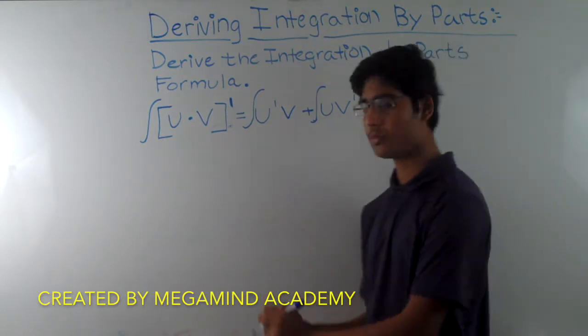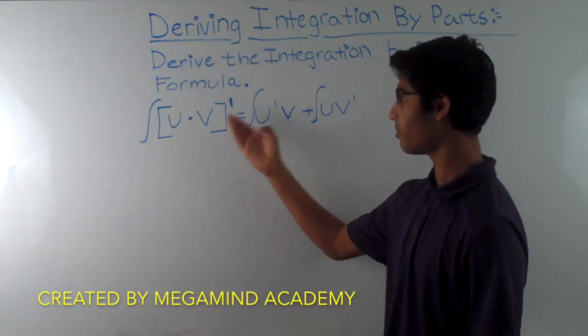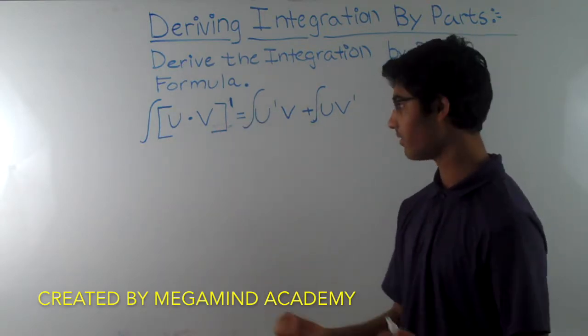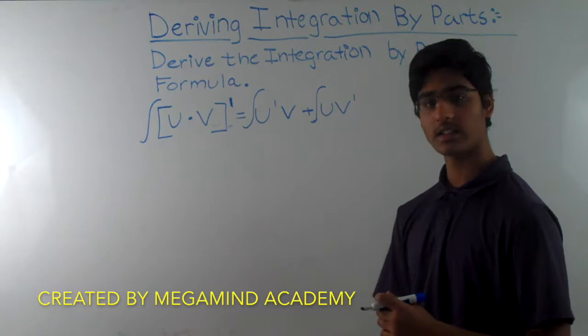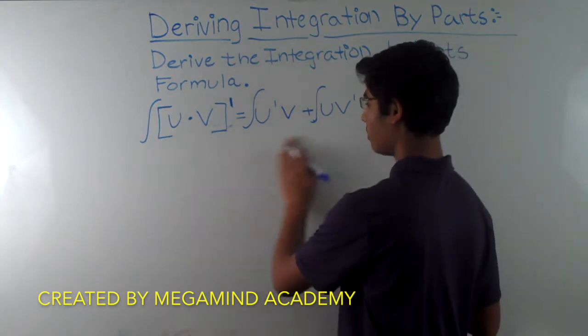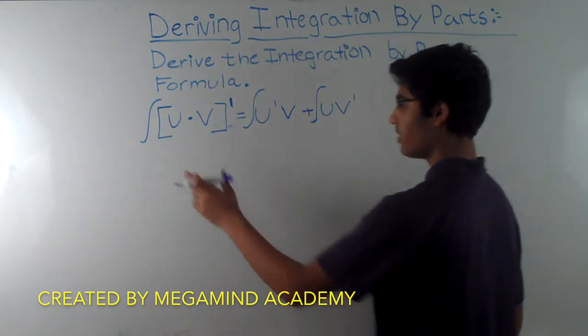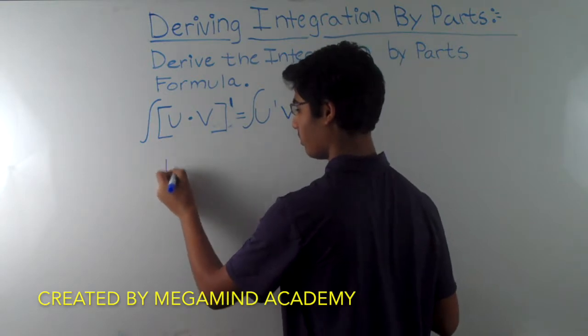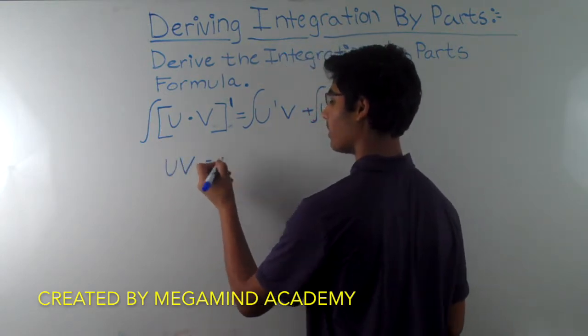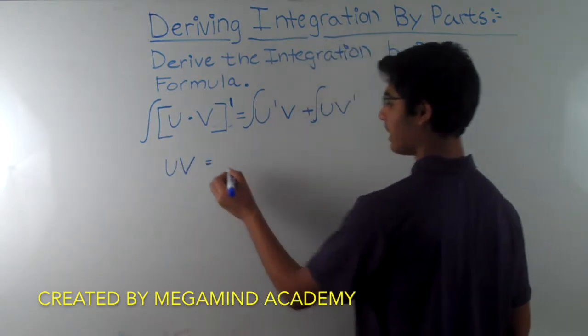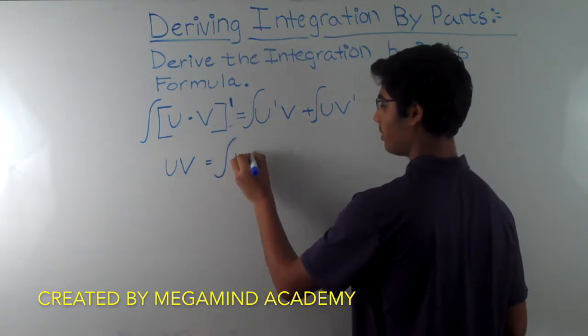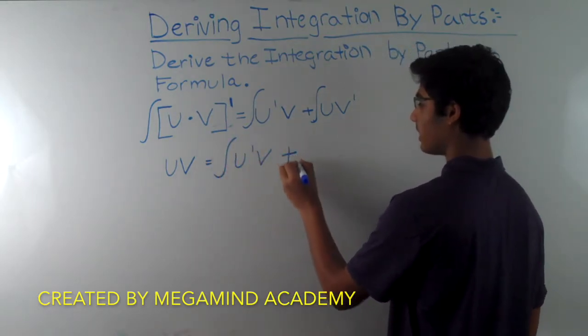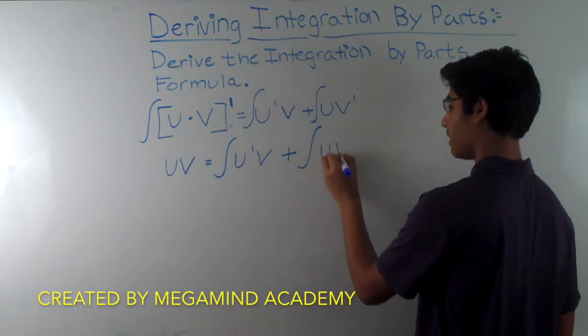And we know this is true because the integral of the derivative of u times v is just u times v. So now let's use some tools that we know how to do. This would be equal to uv, and this would be equal to the integral of u prime of v plus the integral of u times v prime.